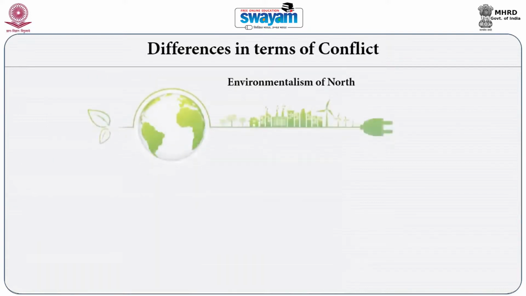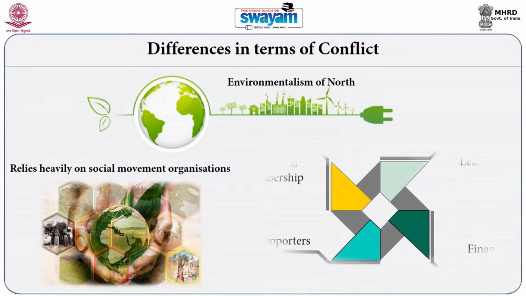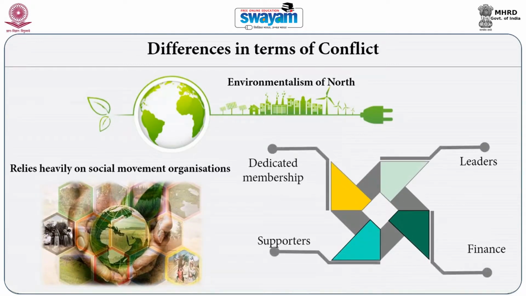Now let us discuss the difference between environmentalism in the north and environmentalism in the south in terms of the manifestation of conflict. With regard to environmental conflict, northern environmentalism relies more on established social movement organizations, and these environmental movement organizations have their dedicated membership base, dedicated leaders, supporters and dedicated finances. The method of conflict resolution or redressal in the developed societies is more democratic in nature.